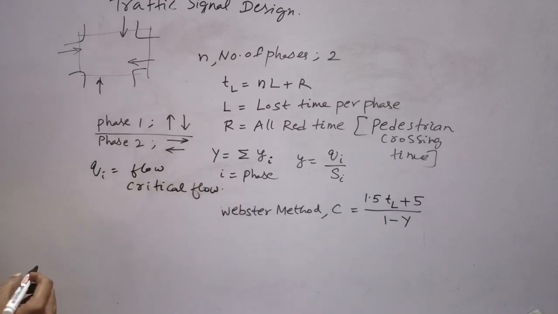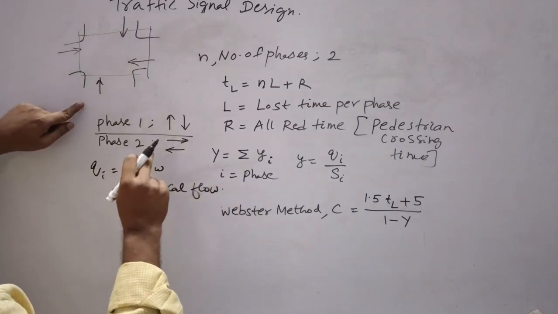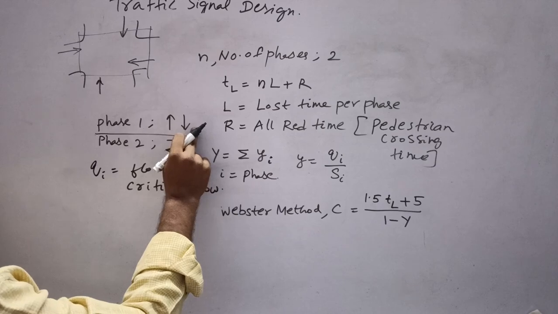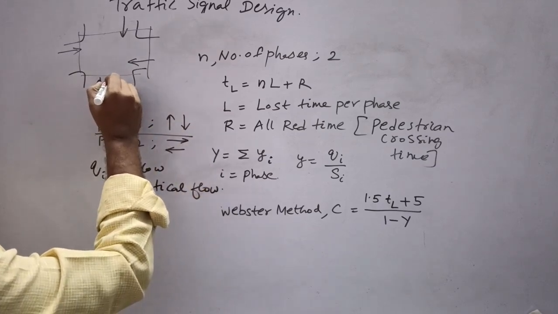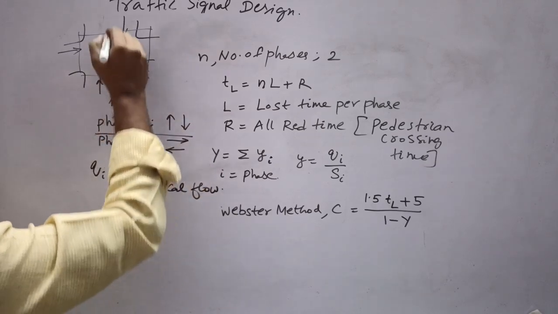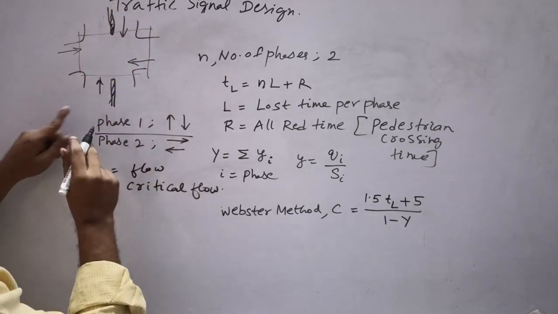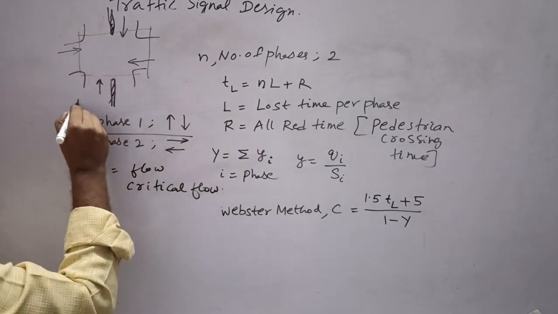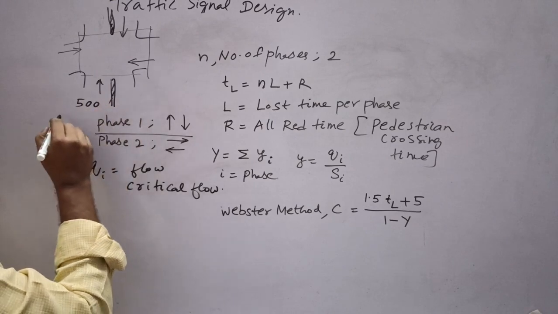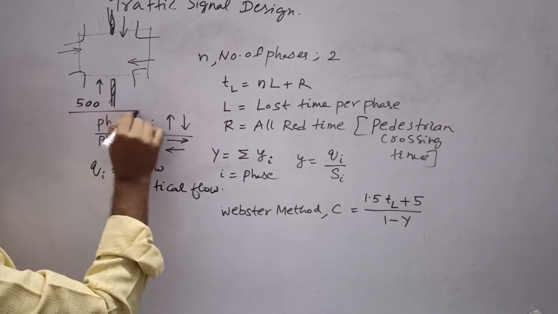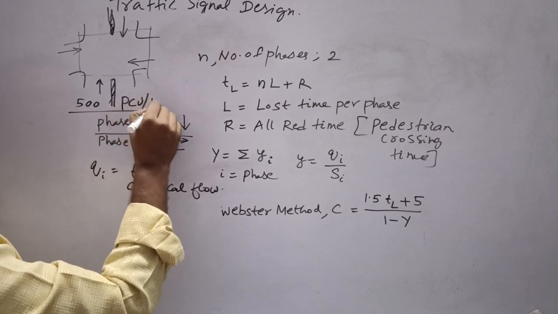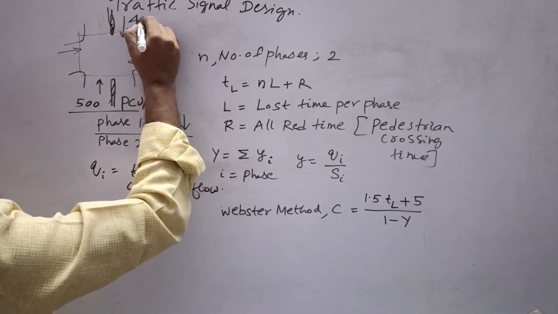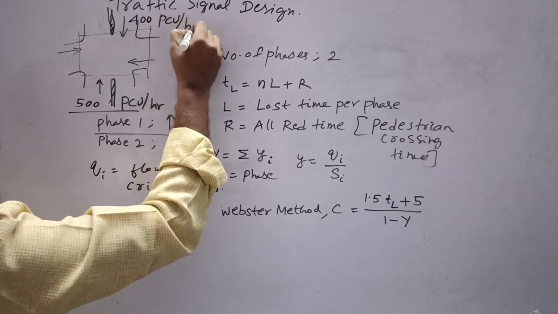What is critical flow? Suppose we are at phase 1. So these vehicles are moving. Suppose this traffic is some 500 vehicles per hour, say PCU per hour, and this traffic is say 400 PCU per hour.